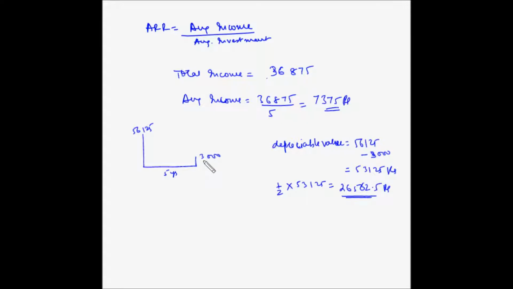However, this 3,000 rupees which is being recovered at the end of 5 years is also tied up at the beginning of the tenure for the machine, because we are buying this machine for the entire investment. So this 3,000 rupees is also locked up.